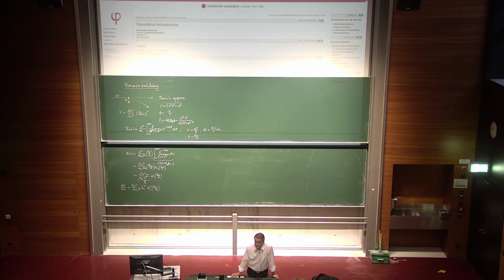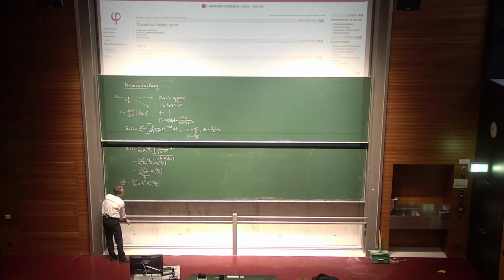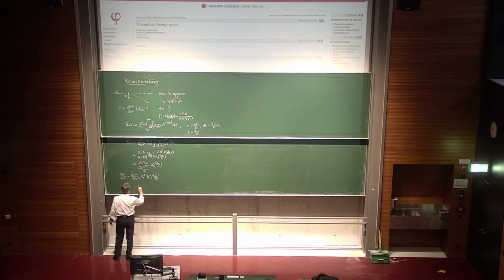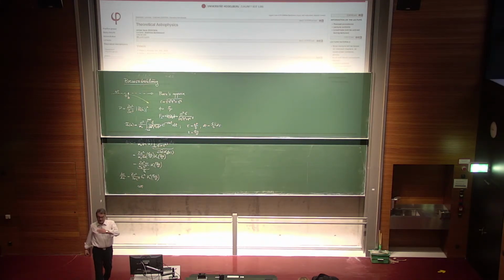Okay, good. Now, an electron moving with velocity v embedded into a plasma has a certain chance to meet more than a single proton. How many? Okay, let's see. Electron moving with velocity v within time dt is going to cover the length v times dt.